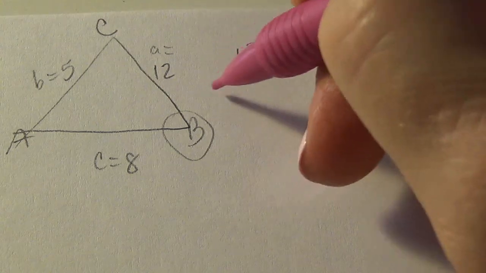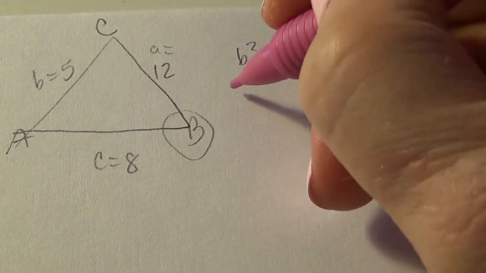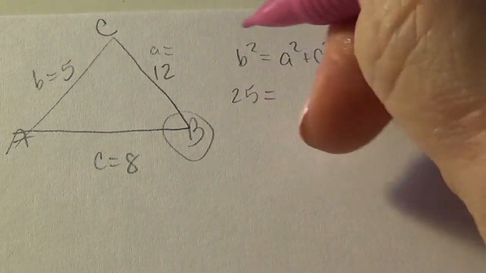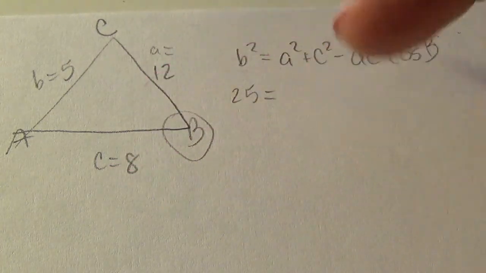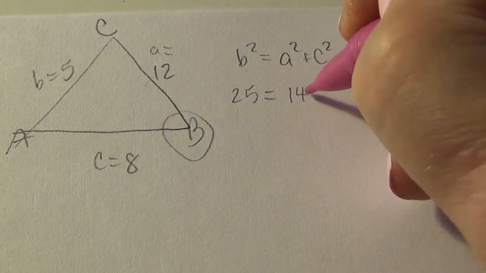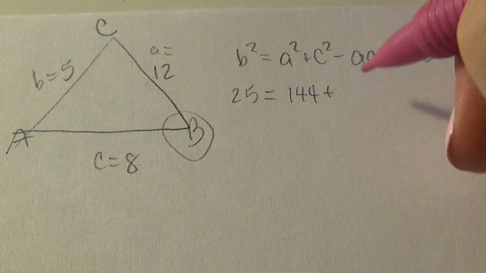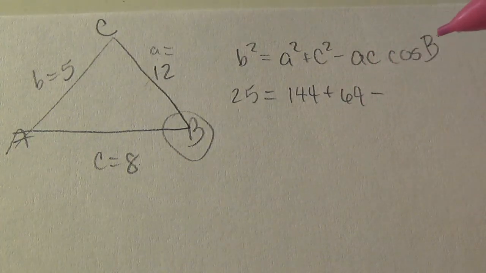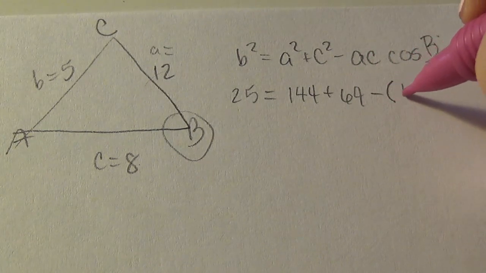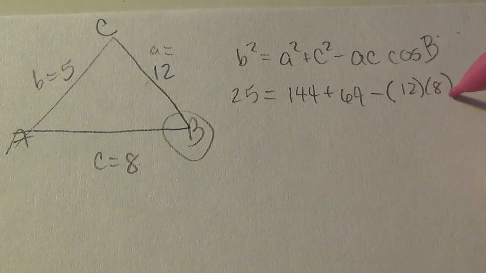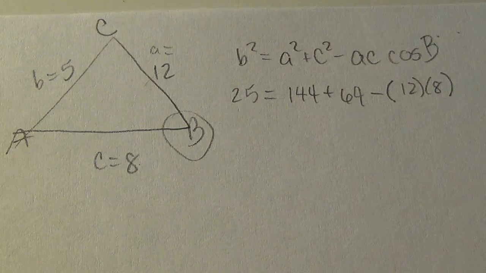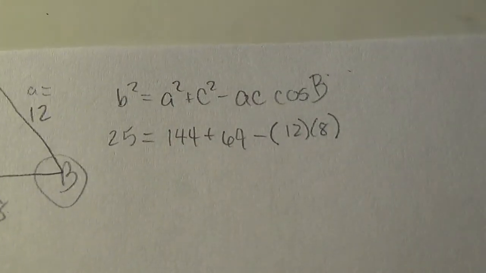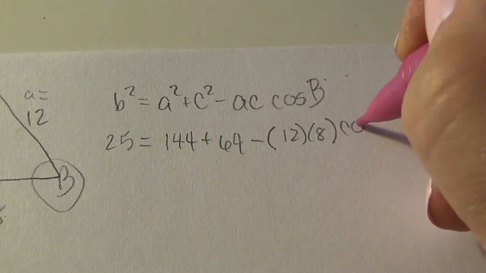Let's put in these numbers. 5 squared, 25, equals a squared, 12 times 12 is 144, plus c squared, 64, minus 2ac, 2 times 12 times 8, times cosine B. We're looking for B in this problem.